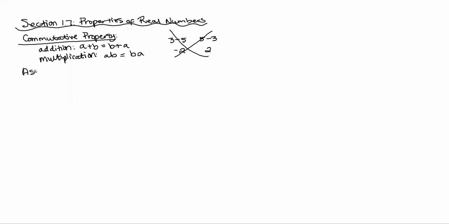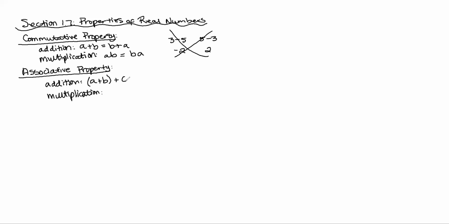Our second property here is called the associative property. This has to do with grouping. Again, this works for addition and multiplication, but not subtraction or division. So let's say we have a plus b grouped, in parentheses, and then we add c.